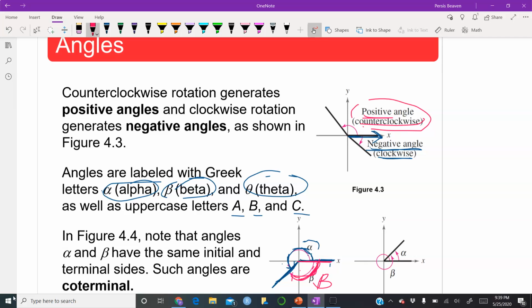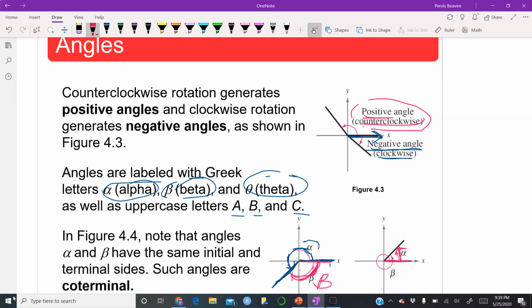Now, if we move on to the right side, we have an angle that starts here on the positive x-axis, rotates in the counterclockwise direction, and that will be the Greek letter alpha, and that angle will be positive.